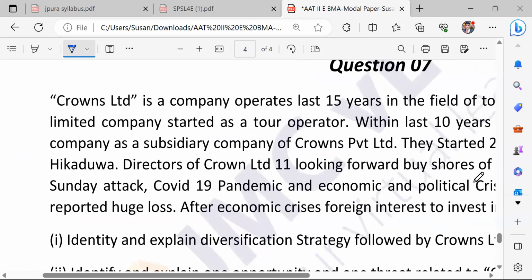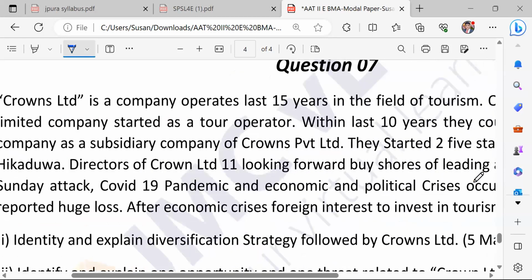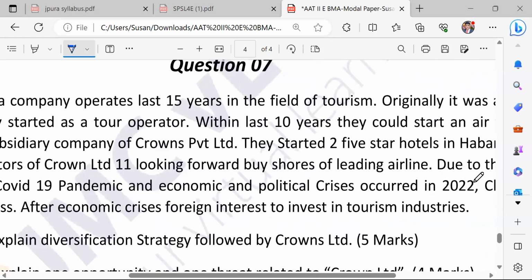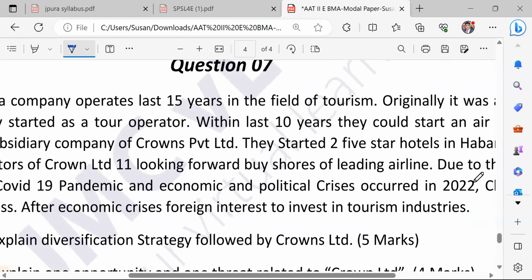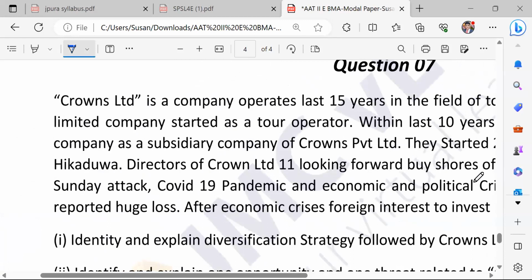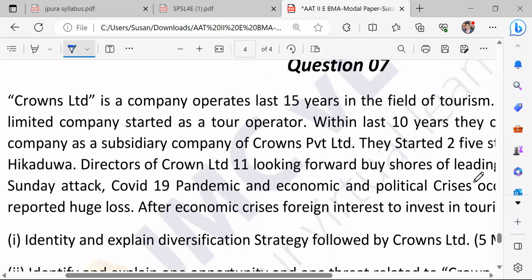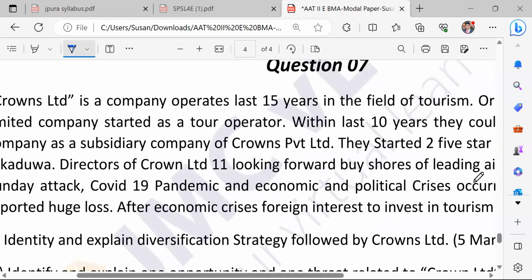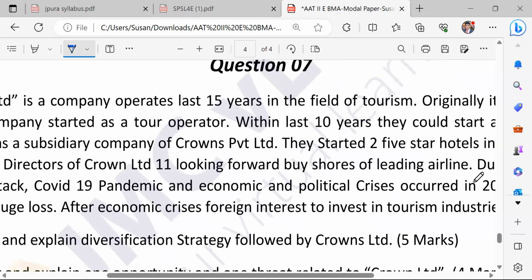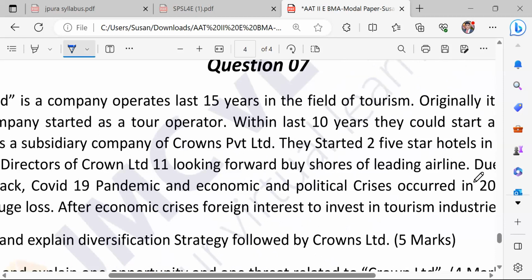Crowns Limited has operated for the last 15 years in the field of tourism. This is a company in the tourism industry, maybe a tourist company. Originally it was a private limited company, a limited liability company. It started as a tour operator.